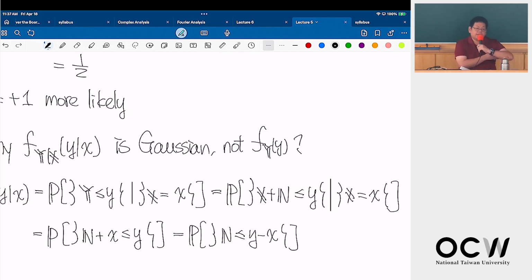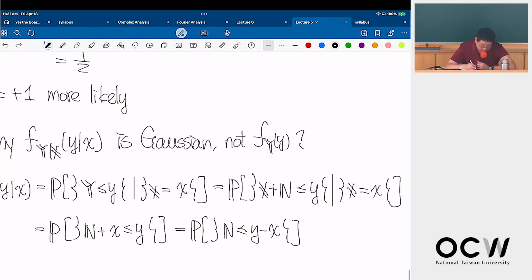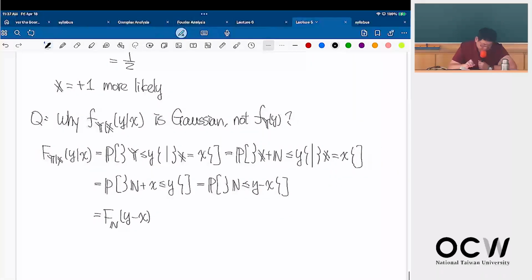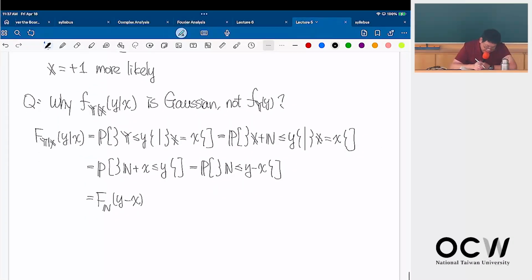We know the random variable n is Gaussian, and the probability of a random variable being less than some number is its CDF. So when we take the derivative, we get the PDF. Here the conditional PDF is the derivative of the CDF of y given x with respect to y.